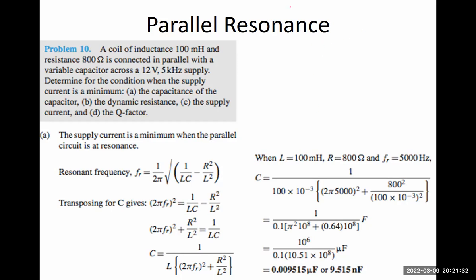So what do we have here? What are our givens? Given L, which is 100 millihenry, and a resistance R equal to 800 ohms.